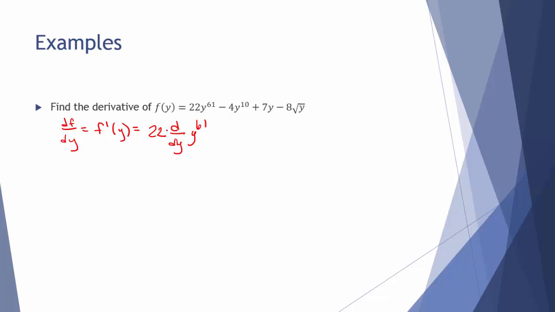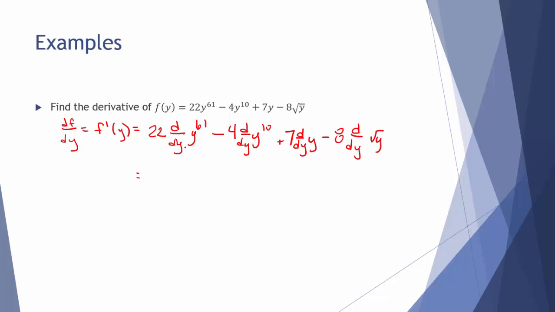Okay, remember d dy of y to the 61st means I'm about to take its derivative. I have not done it yet. Minus 4 times d dy of y to the 10th plus 7 times d dy of y minus 8 times d dy of the square root of y.